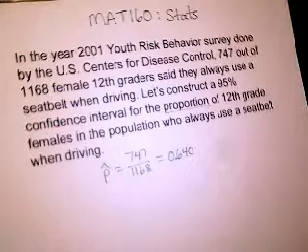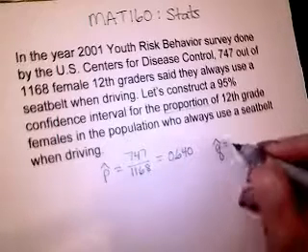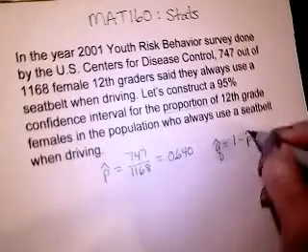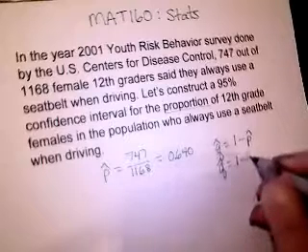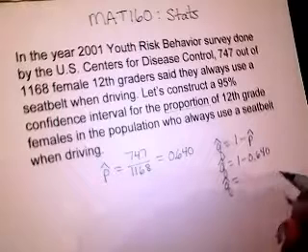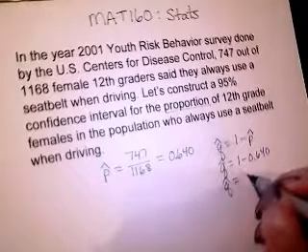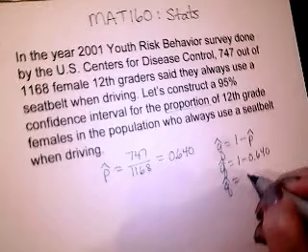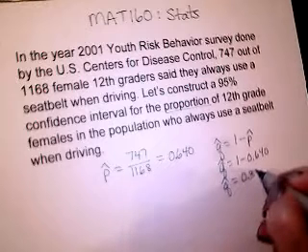All right, so if we know p-hat, we will also need to find q-hat. Remember that q-hat is just 1 minus whatever that p-hat value is. So in this case, my q-hat will be 1 minus 0.640, which will give me a q-hat value of about 0.360.